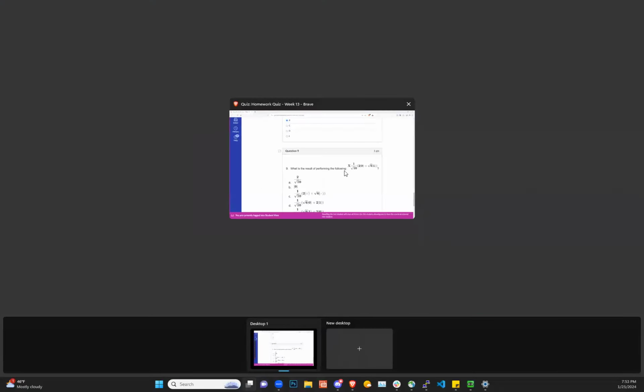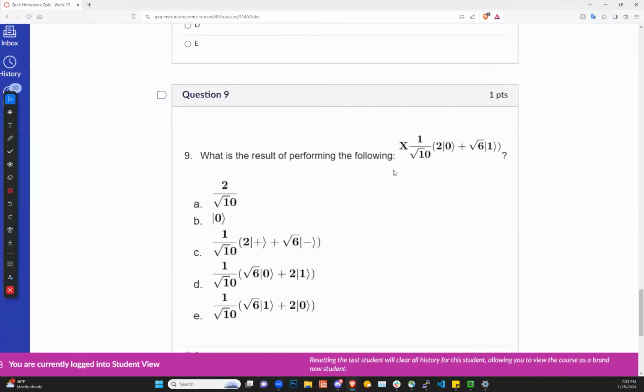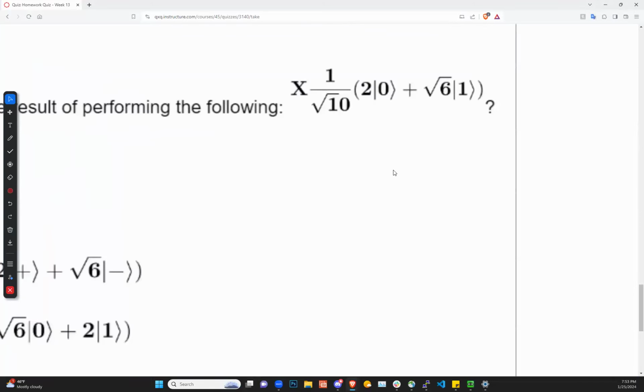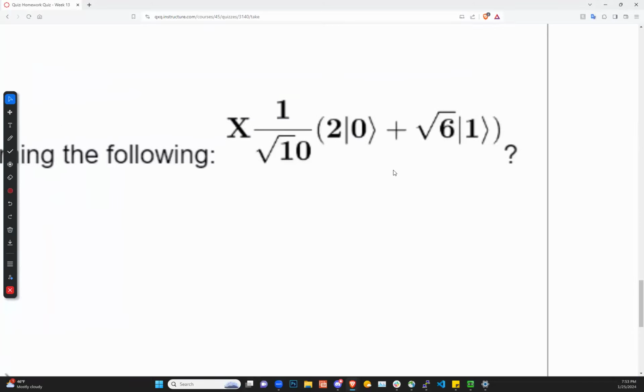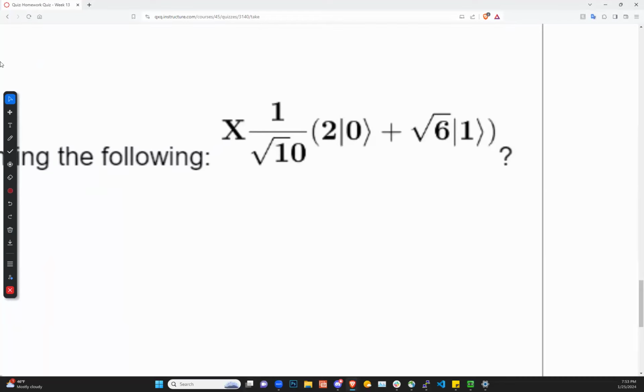Question 9 wants us to perform the following operation. We want to apply the x gate to this messy state here. Again, we can distribute the x gate. We can pull numbers out of x gates and stuff like that. So I can pull this 1 over the square root of 10 outside of the x gate here, which is what I'm going to do.